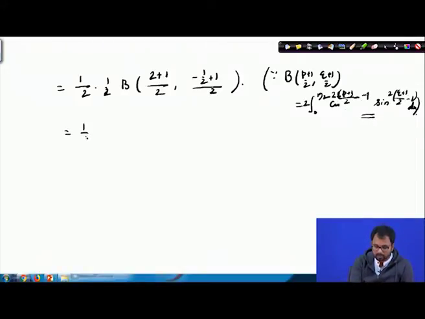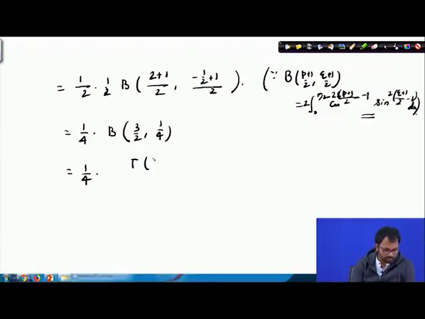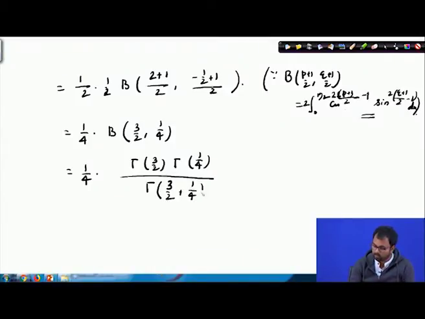Now I can write it as 1 by 4 times beta of 3 by 2 and 1 by 4. Based on the first relation, beta 3 by 2, 1 by 4 is gamma 3 by 2 times gamma 1 by 4 divided by gamma of 3 by 2 plus 1 by 4.